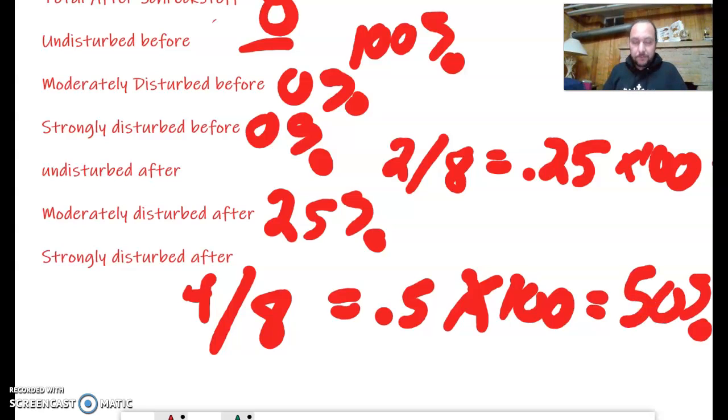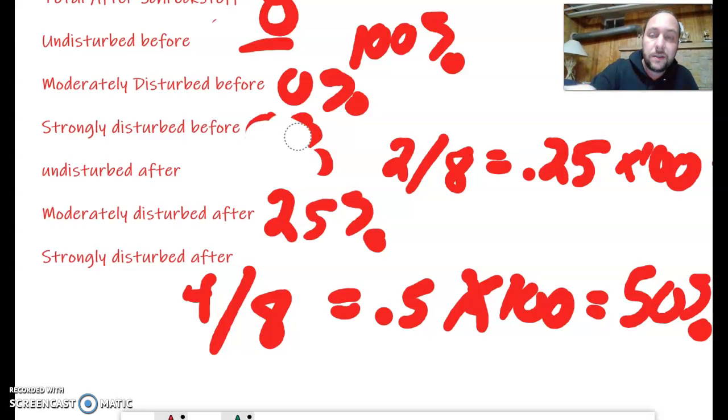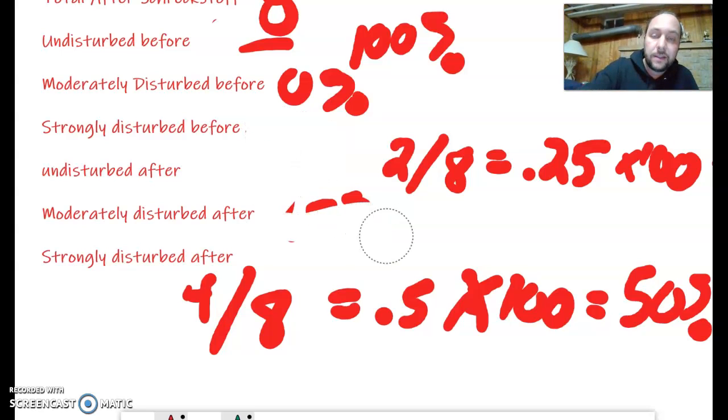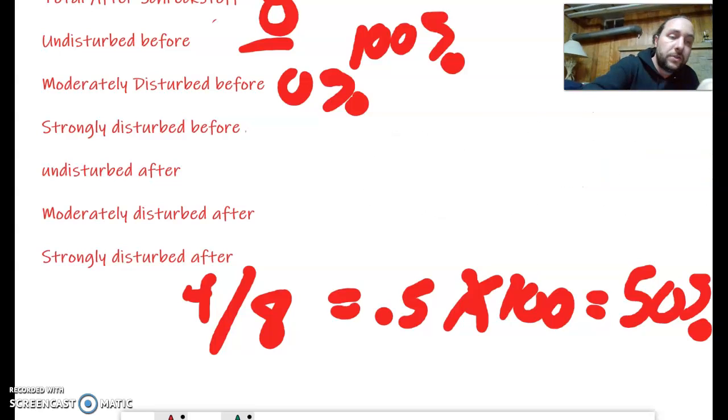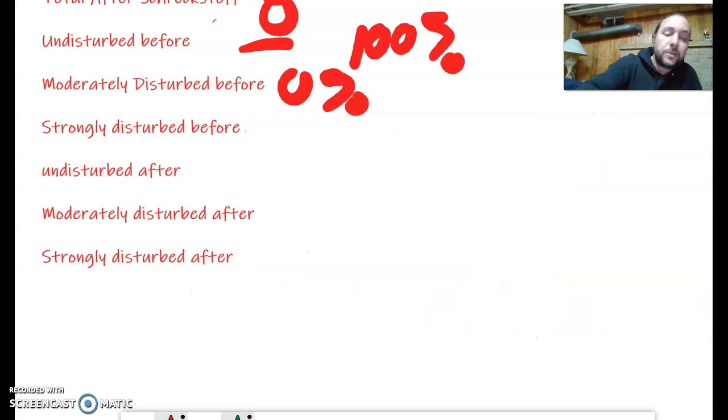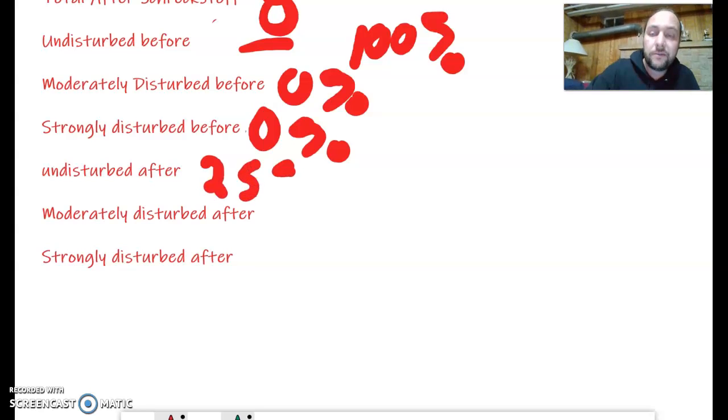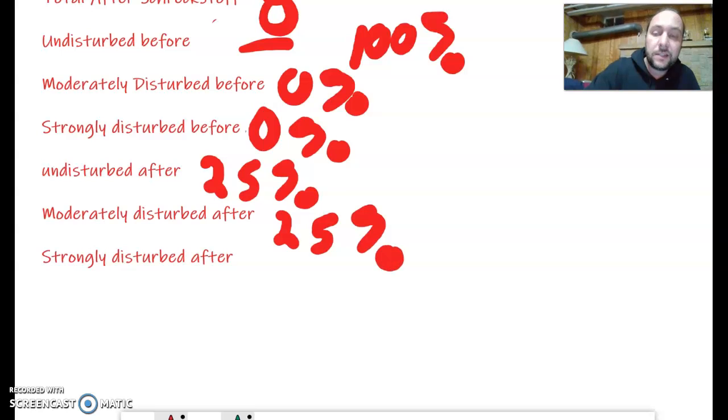All right, so I'm going to erase the math there so we can look at the numbers themselves, just the percentages. Those percentages you're going to record on your digital notebook. Undisturbed after was 25%, moderately was 25%, and strongly was 50%.